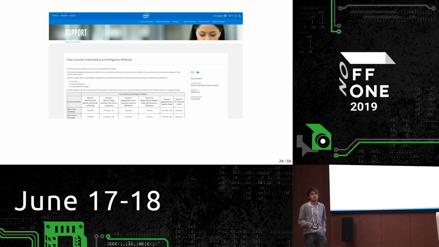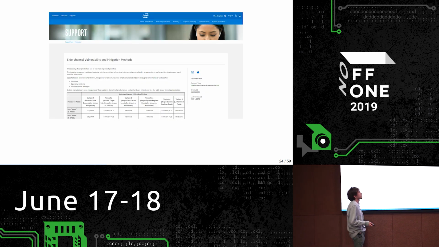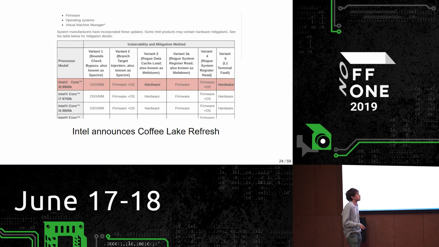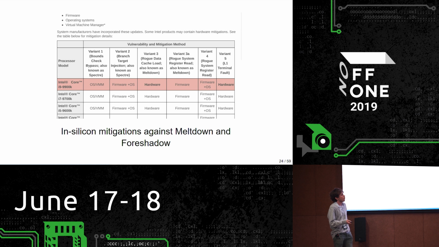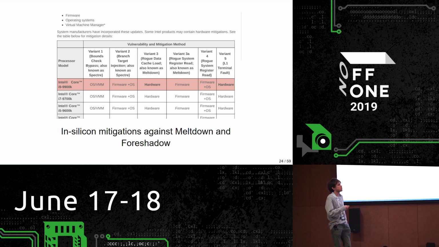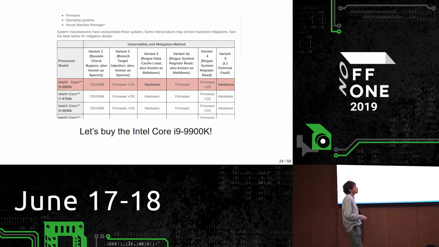Then at some point, we looked at the Intel website, and we saw that they were announcing the 9th generation of CPUs, also known as Coffee Lake Refresh. And we found the 9900K very interesting, because it has in-silicon mitigations against Meltdown and Foreshadow. So this means that they now try to solve this at a hardware level at Intel rather than a software level.